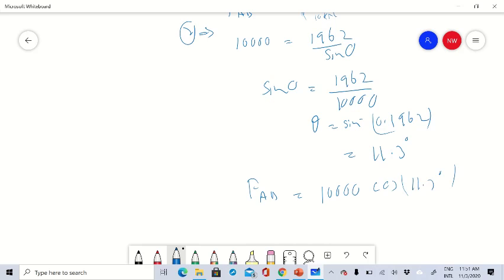So we'll get 9.81 kilonewtons. So when FAC reached 10 kilonewtons, the value of FAB is 9.81 kilonewtons, right? So this is how we solve this type of problem, right?